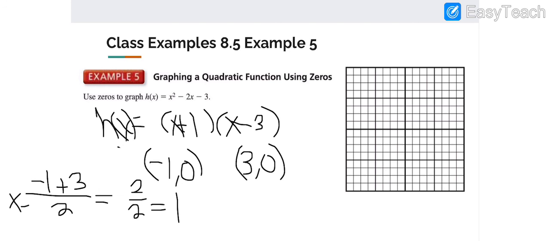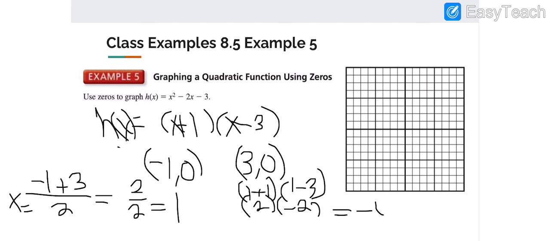So our x value of symmetry is 1. When we plug 1 in for all this, we'd have 1 plus 1 times 1 minus 3, meaning we would have 2 times negative 2. So our answer would be negative 4 for our y value.